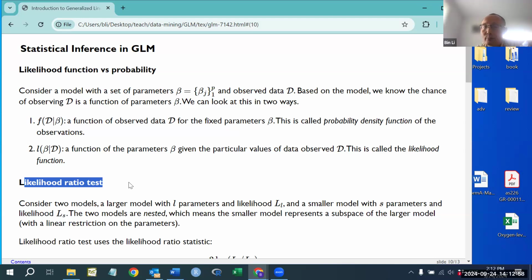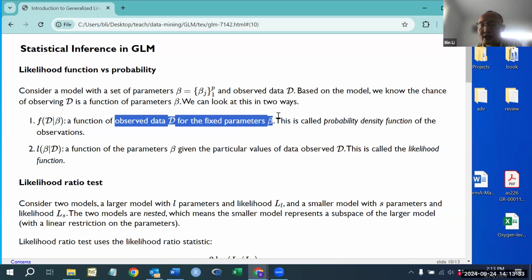Then based on the model that we chose, let's say the logistic regression, we know that the chance of observing this data set can be described as a function of beta. Okay, and we can look at it in two different ways. One way is that we can say this is a function of observed data for the fixed parameters.